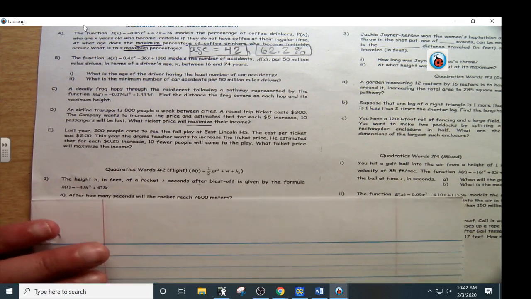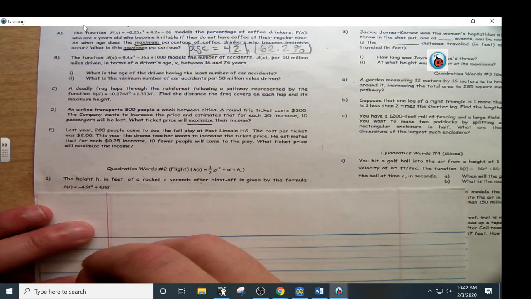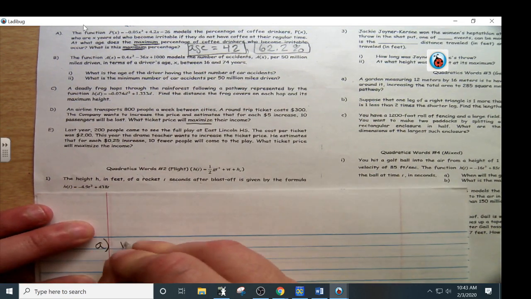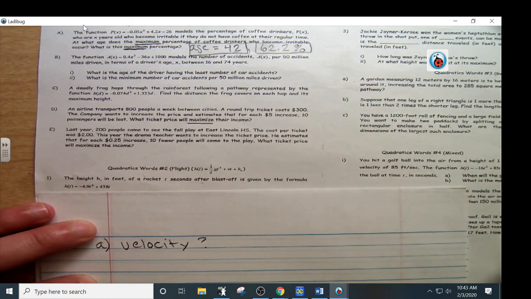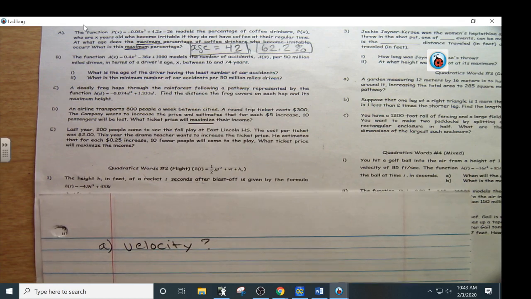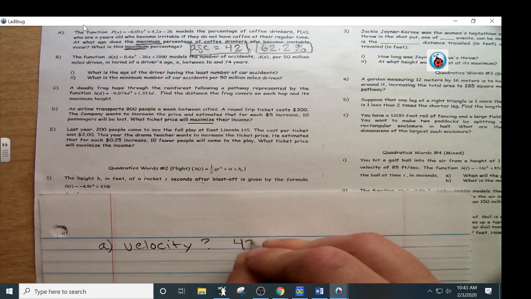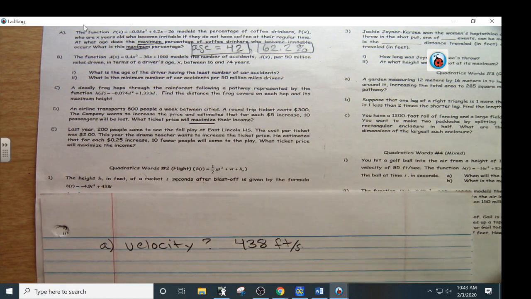Now, guys, first of all, I'm making these up. These are my own questions. What is the velocity of the rocket? 438 feet per second.